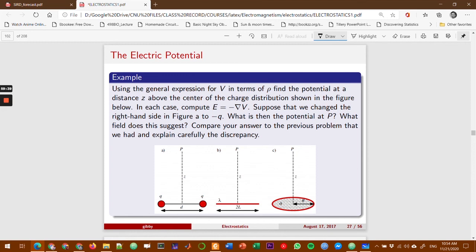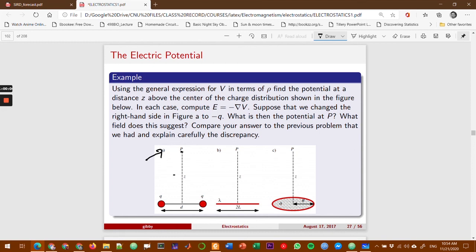Okay, so let's have this example. This is similar to our previous example, right? Especially this A. We calculated last time, we can go back to the previous video. We calculated the electric field at this point. It was harder, so we used cosine theta and the Pythagorean theorem, and the direction also of the electric field.